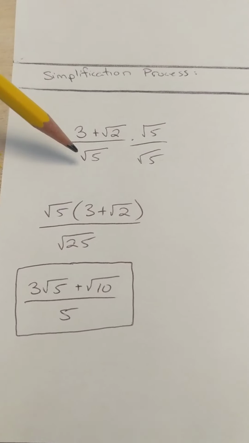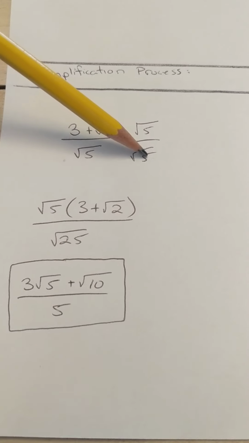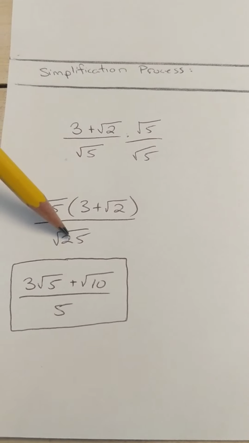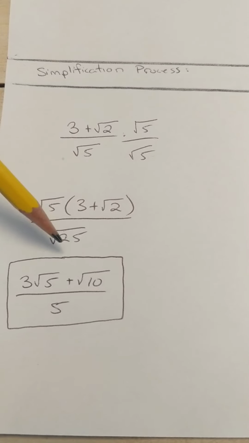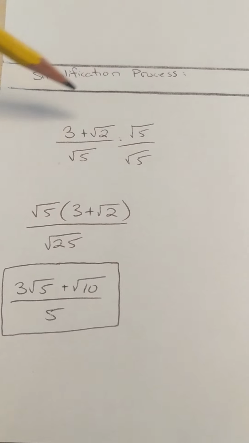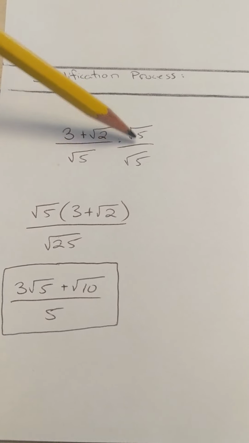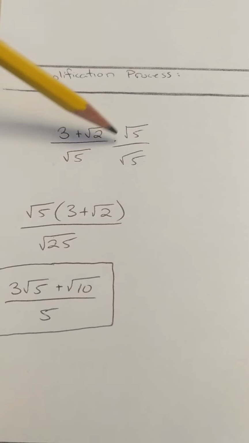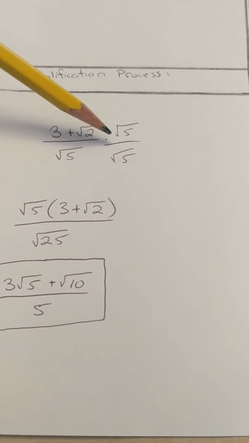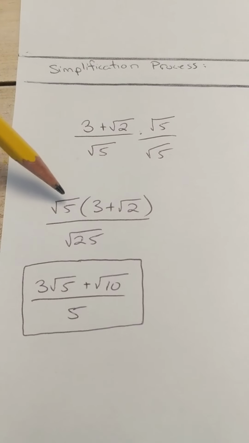So since I had the square root of 5, I decided to multiply by the square root of 5, because 5 times 5 is 25. There's my perfect square. And then since this is not an equation, it's just an expression, whatever I do to the denominator, I have to do to the numerator because I can only multiply by the ratio of 1. So over here, I showed my setup to distribute.